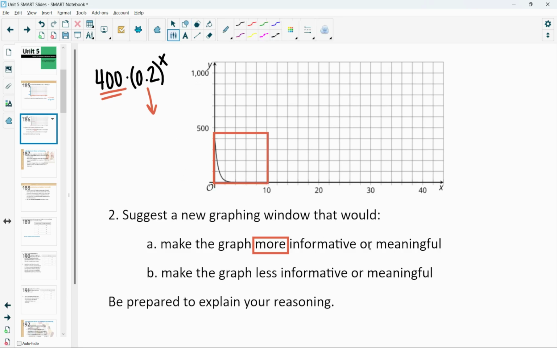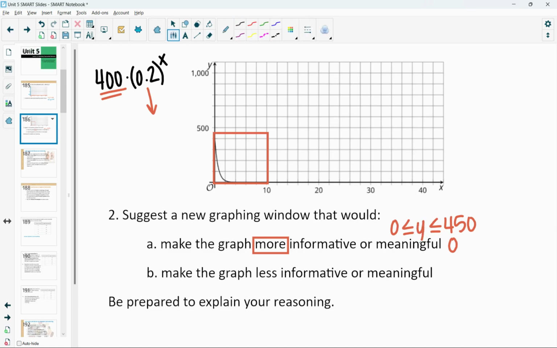And again, this is not the only answer. This is just kind of what I'm thinking. So for the x's, I would still be good starting at 0. And then now maybe going up to like 450. Because we know it starts at 400 and then drops. And then the y's, that's the y values, not the x values. Okay.